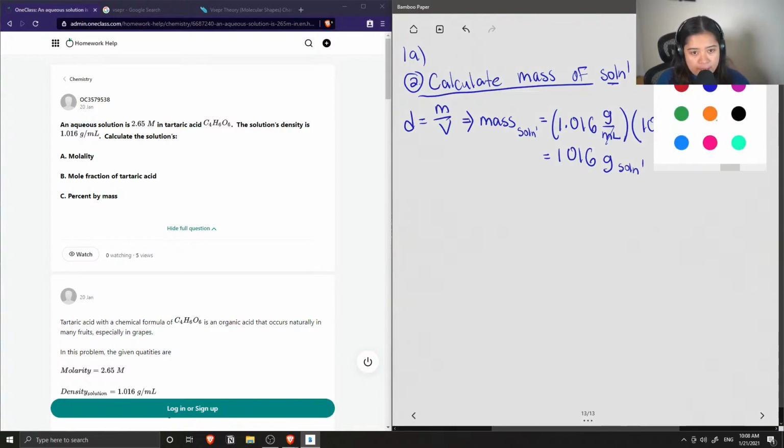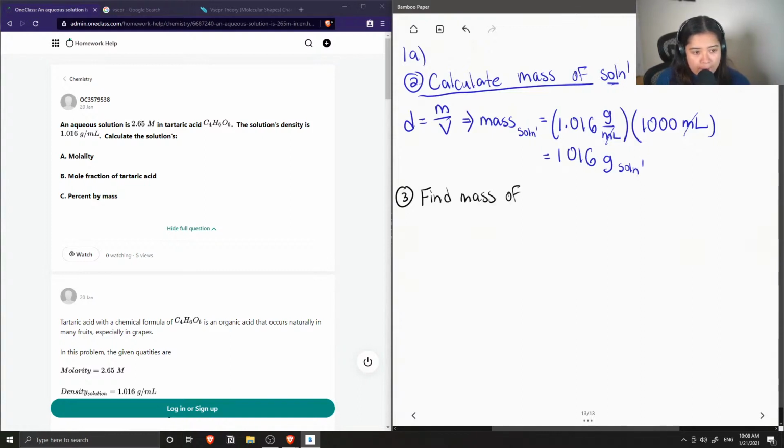So now we have the mass of our solute and we have the mass of our solution. So now we have to find the mass of our solvent. So the mass of our solvent is equal to the mass of our solution.